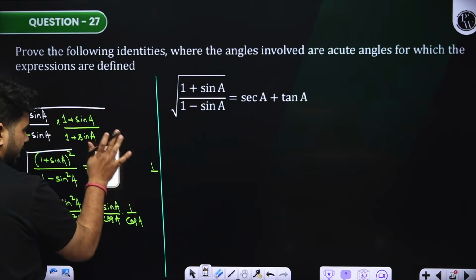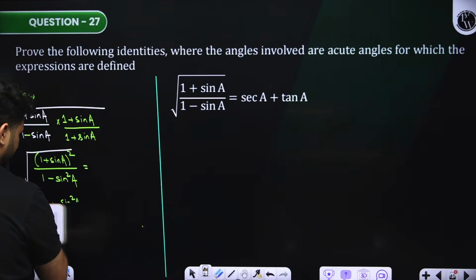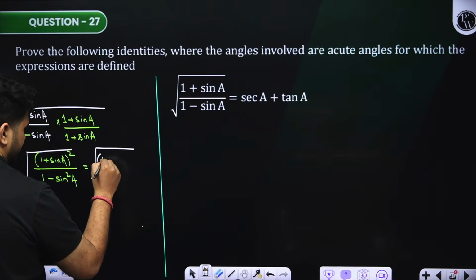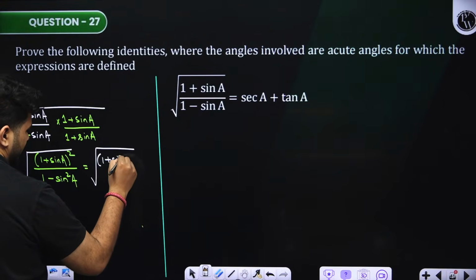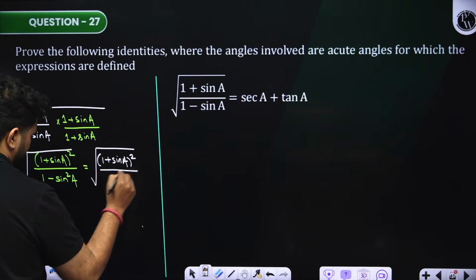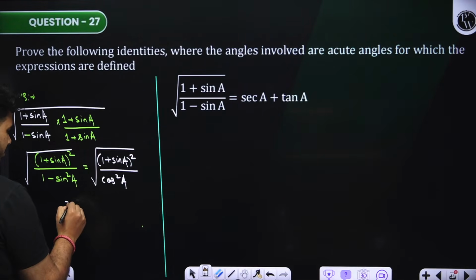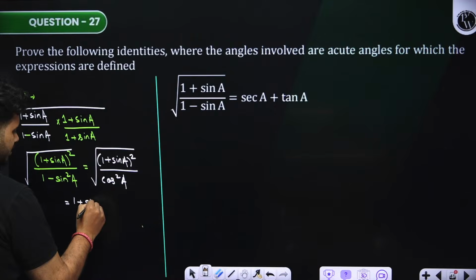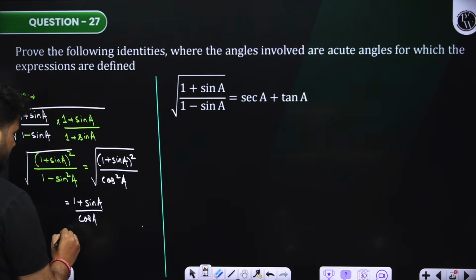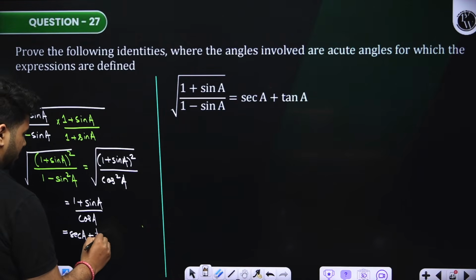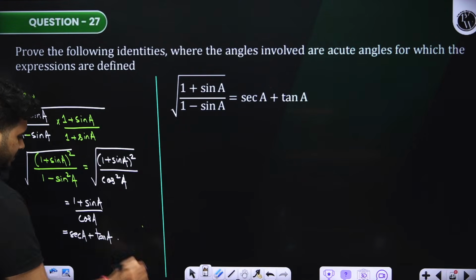In that case, it will be much easier, because we'll take square root of 1 plus sin A whole square divided by cos square A. When the square root comes out, it will be 1 plus sin A by cos A. Correct? And 1 by cos A is nothing but what? Secant A. And sin A by cos A is nothing but what? Tan A. A simple problem. Unnecessarily we did it the long way.